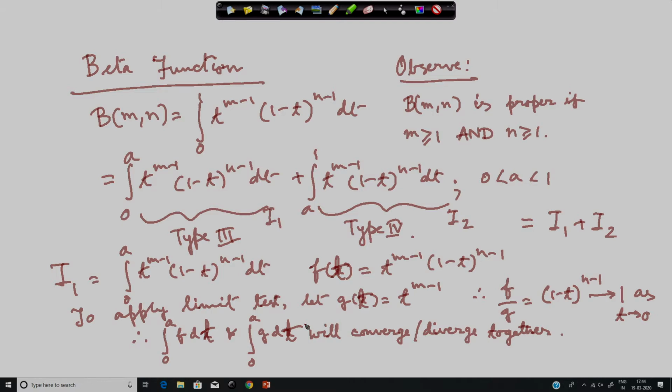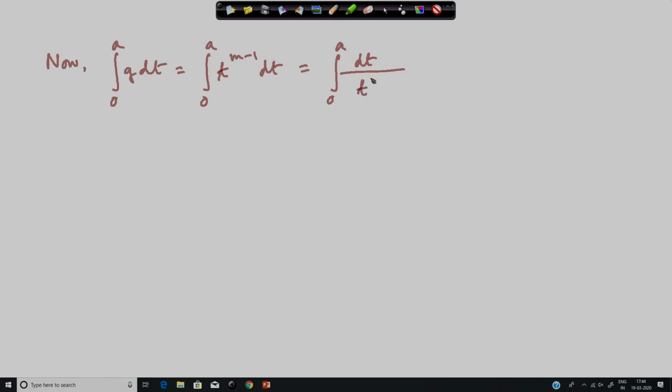Now, integral 0 to a of g dt is 0 to a of t to the power m minus 1 dt, which I can write as 1 over t to the power 1 minus m, dt.